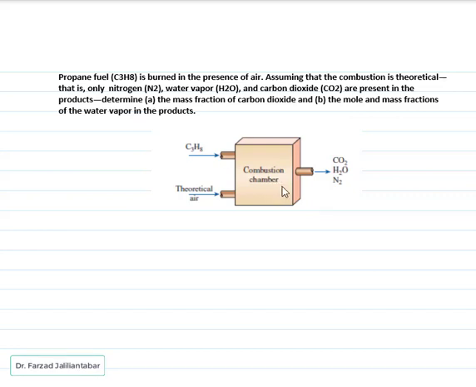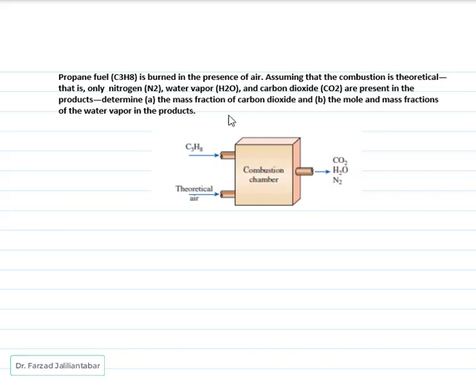The combustion reaction is also shown in the figure. As you can see here, our reactants are propane fuel and air, and our products are carbon dioxide, water and the nitrogen molecule.